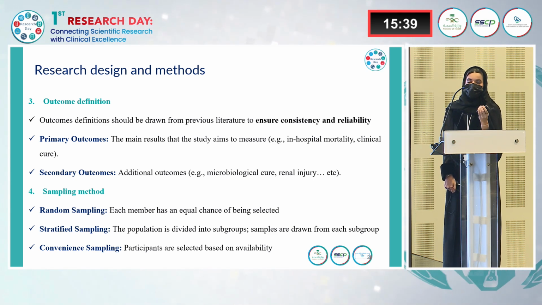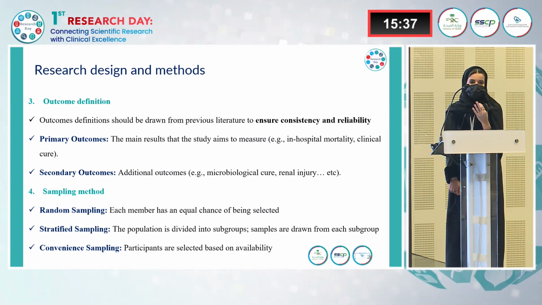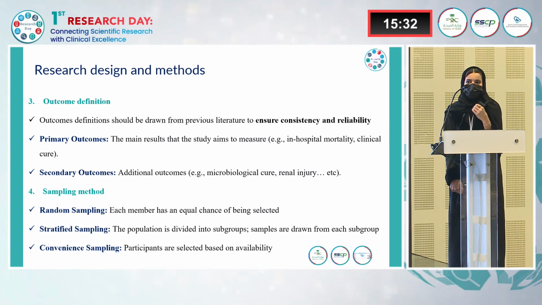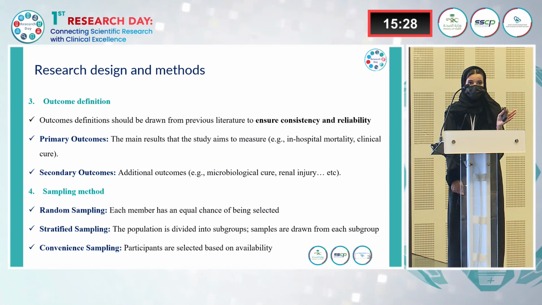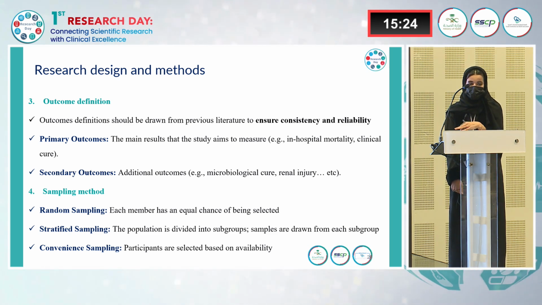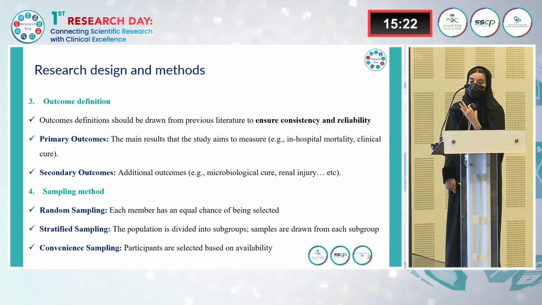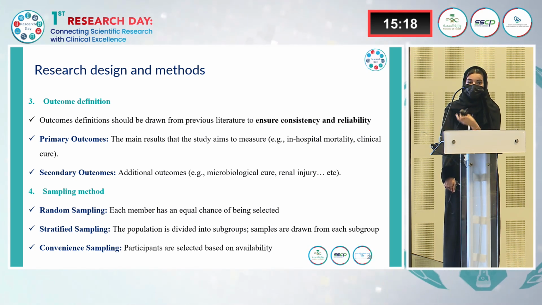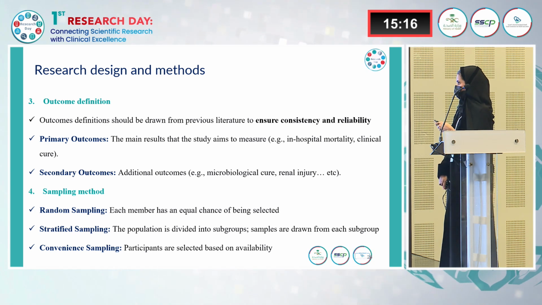So one of the mistakes is defining clinical cure based on their clinical experience only or their judgment. However, definitions are different between people, so you should always use a well-referenced definition from the literature, and this could be a weakness point when you submit your study for publication if the definition was not well referenced.